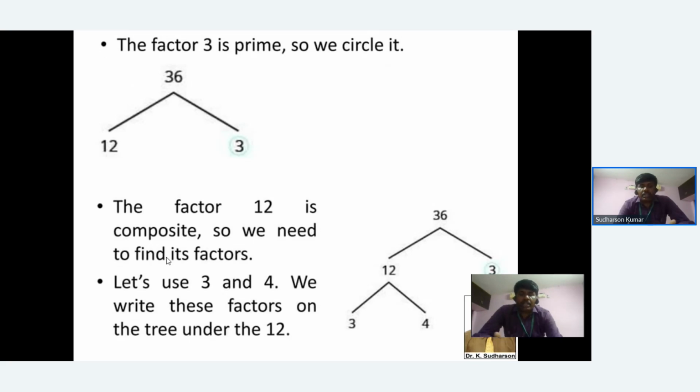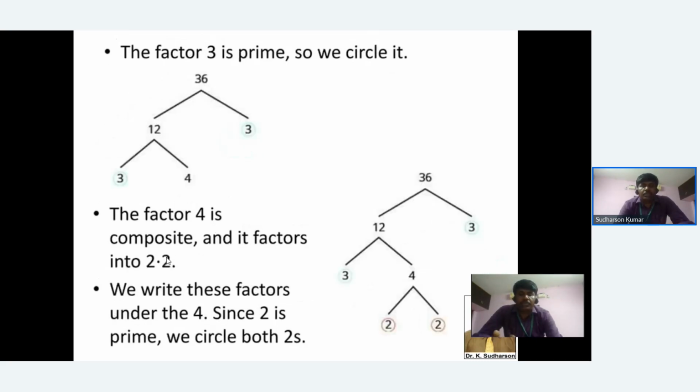And again, if it is possible, you can factorize the number 12. Again, 3 into 4 is 12. So likewise, we can form a tree. As I displayed in the PPT, this is the tree: 36, 12 into 3, again 12, 3 into 4. Now circle the prime factors.